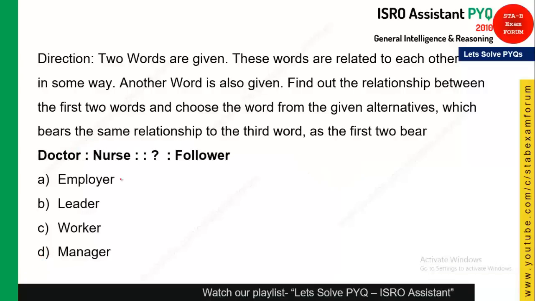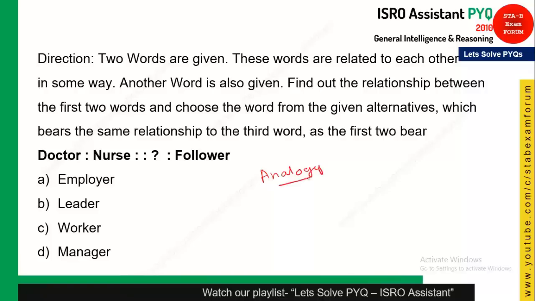Let's see the next question, and your time starts now. This is again from the category called analogy. You need to find the relationship between doctor and nurse, and similarly tell the same relationship for follower and this question mark.